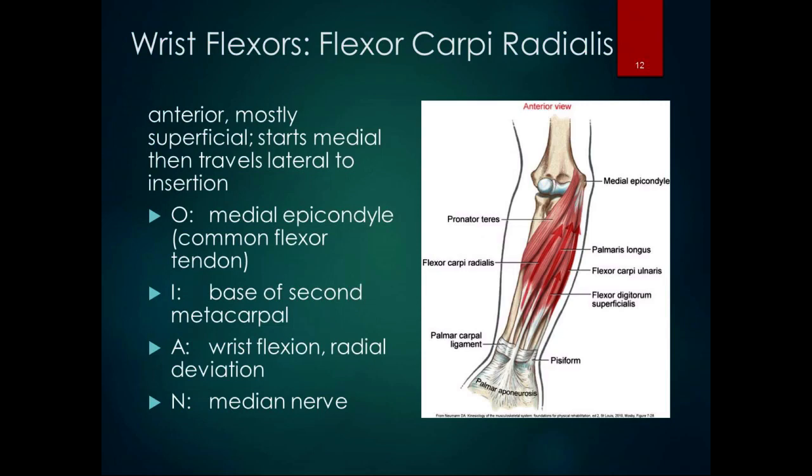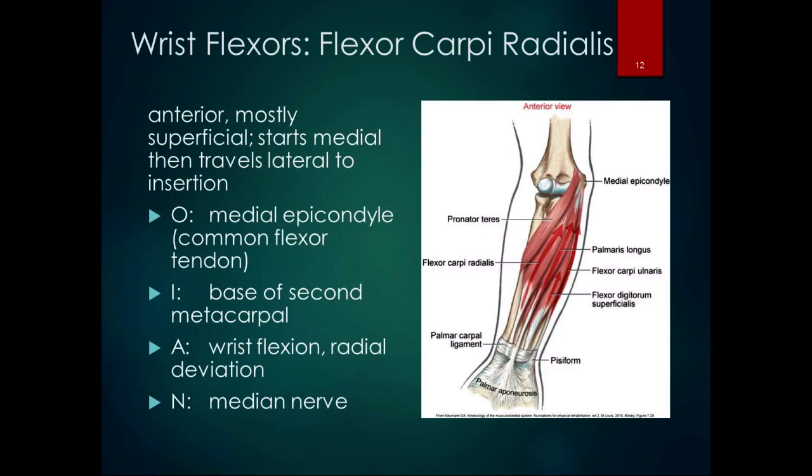The wrist flexor flexor carpi radialis, just looking at the name, flexes the wrist and does radial deviation. And there's only one of them, there's not a longus and brevis. It's anterior, mostly superficial. It starts medial and then travels lateral to the insertion.